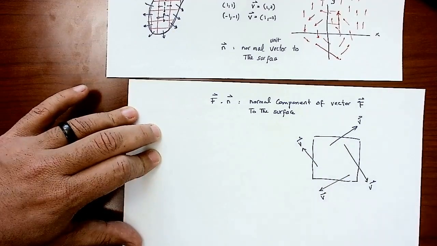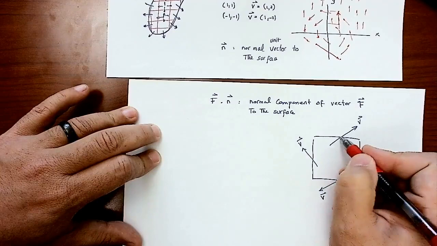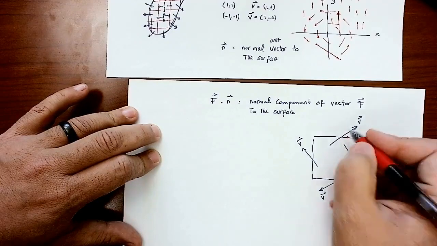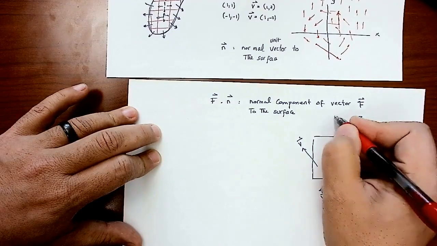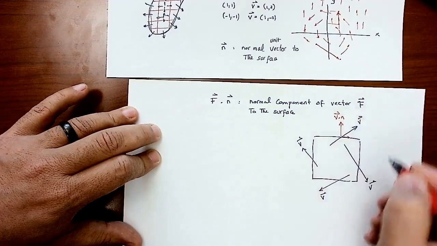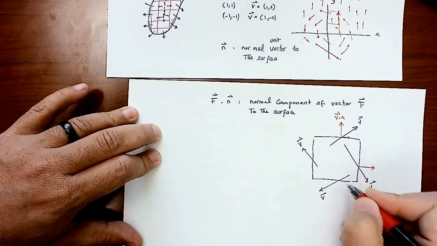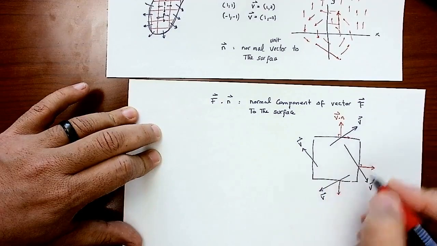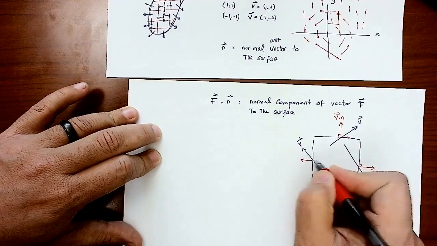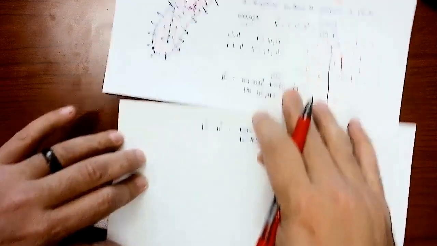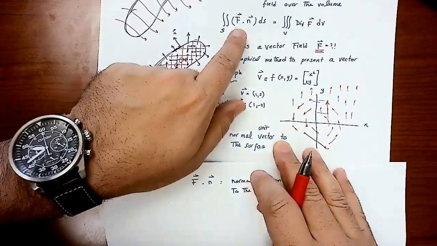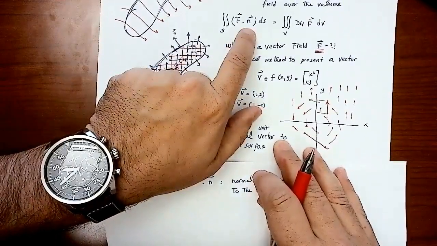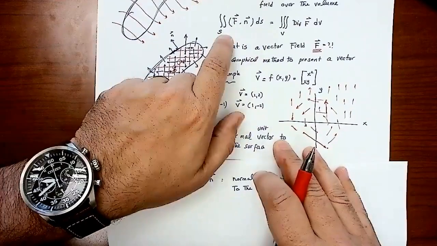All I'm interested in is that the velocity here has two components, a horizontal component and a vertical component. This is the v dot n component. So we are always looking for the component that's perpendicular to the surface to quantify our flux. According to the divergence theorem, we're looking at the normal component over that surface to integrate.